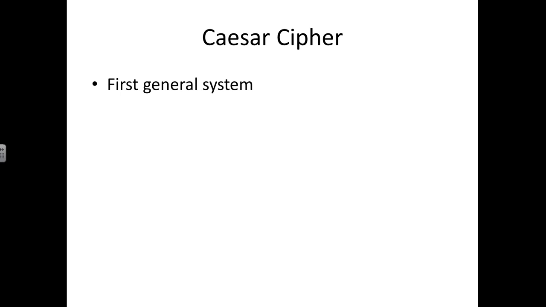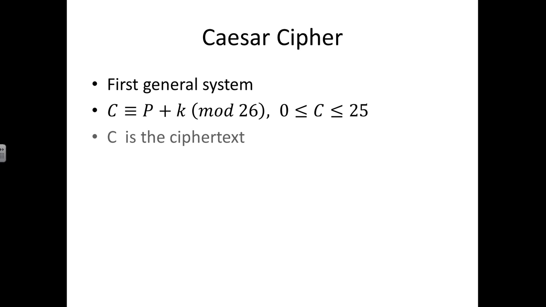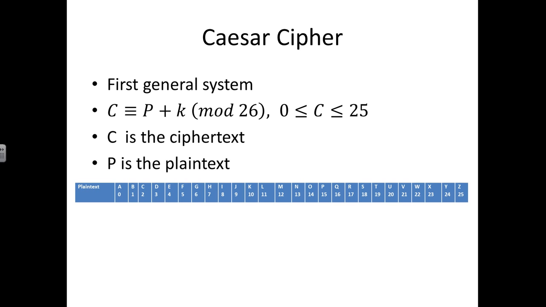So we use this equation in order to encrypt using the Caesar cipher. C stands for the ciphertext, which is what we were trying to get to, P is the plaintext, and K is our transformation, where we are transforming the text from.